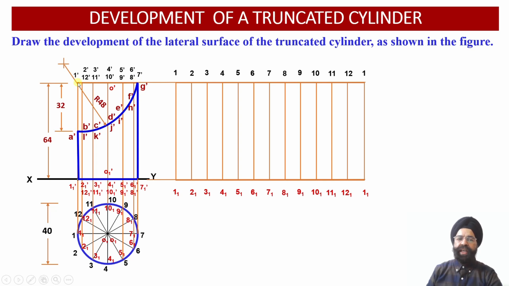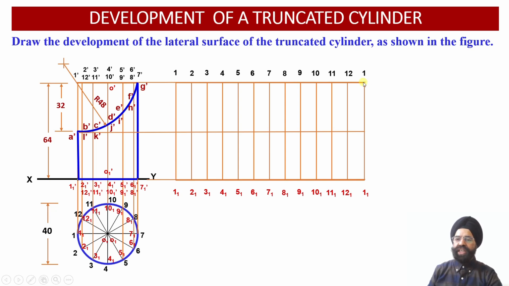So we can check the vertical generator 1 dash and 1 1 dash. It has been intersected by the cutting plane at the point A dash over here. So now once we draw a horizontal projector line through the point A dash of the elevation view, we can check this point A dash we need to obtain onto the vertical generators corresponding to 1 and 1 1 over here.